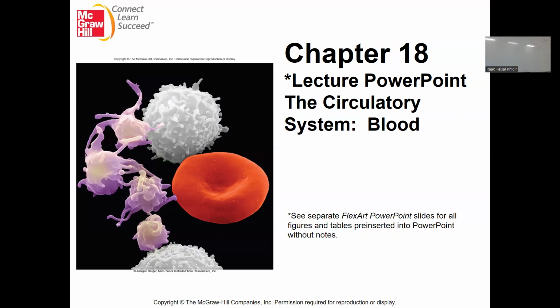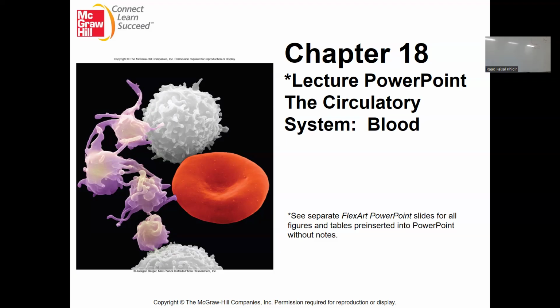45%. The middle layer is known as the creamy or buffy coat. What does it have?